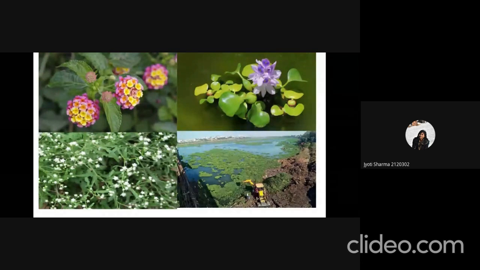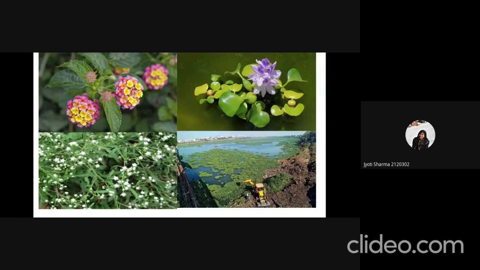So this is the Lantana camara, and you have also seen this type of grass. This grass is the Parthenium, or in Hindi, I think, the Congress grass. Can you see the seed production of this grass? The seed production is that bulky.